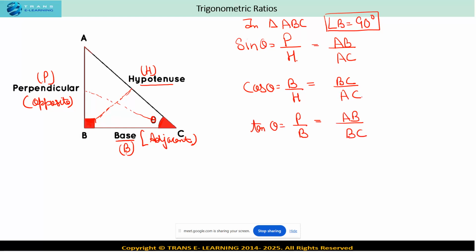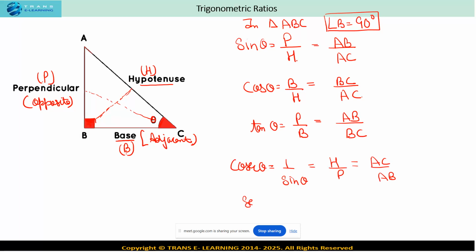Now as I've told you earlier, the reciprocal trigonometric ratios. Cosec theta is the reciprocal of sine theta. That means it will be equal to hypotenuse upon perpendicular, that will be AC upon AB.